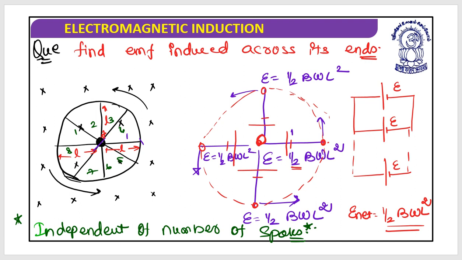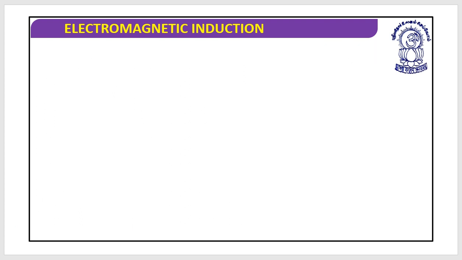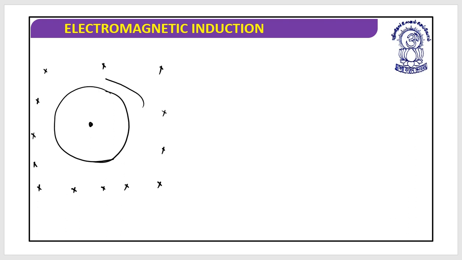So one thing that came to my mind is, let's say this is a circular disc and a magnetic field has been arranged in this. This is the center, and this circular disc is moving like this. It is having a radius of r.